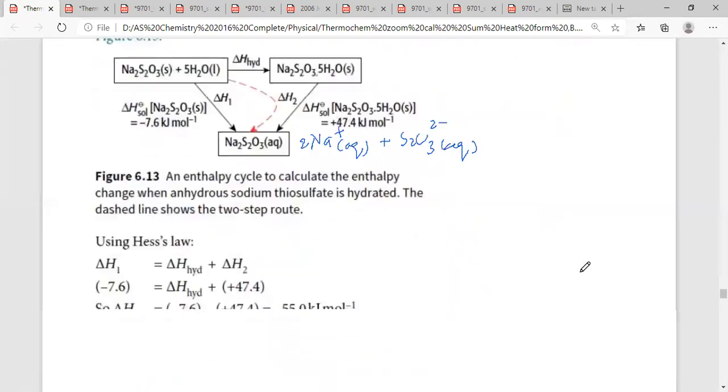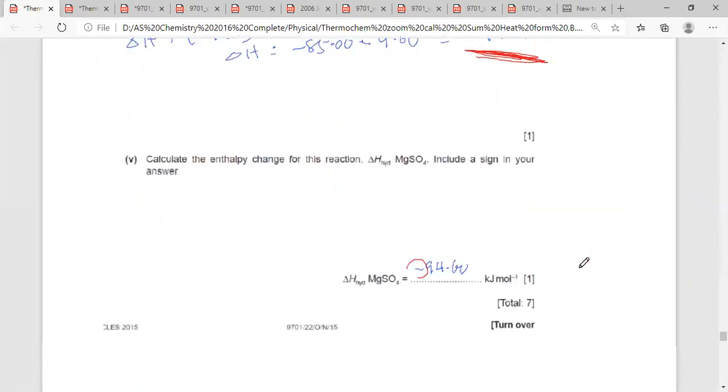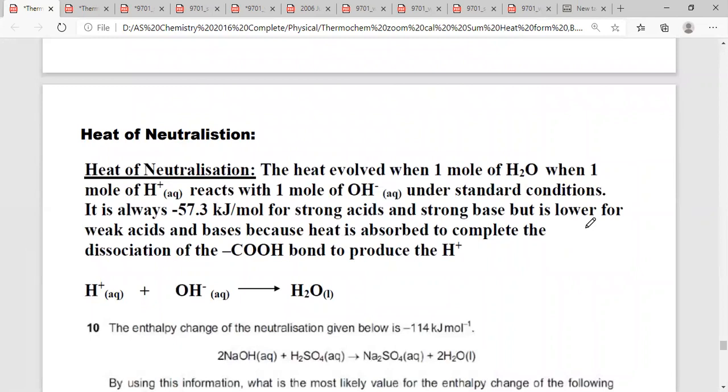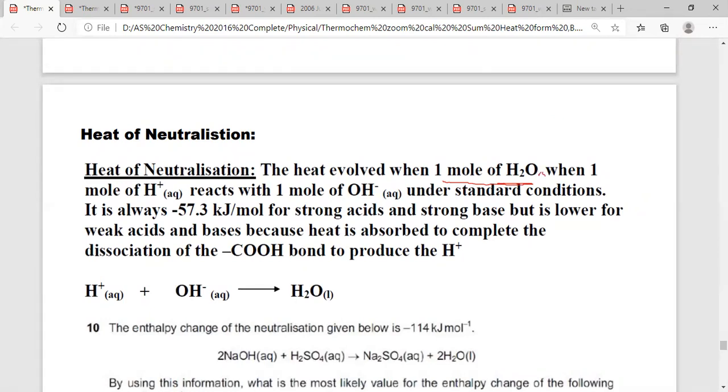The fourth type of calculation is very simple, which is in form 4, form 5. It's called the heat of neutralization. Now, this is a very important definition. The heat of neutralization is the heat evolved when 1 mole of water is formed, from 1 mole of H plus and 1 mole of OH minus.